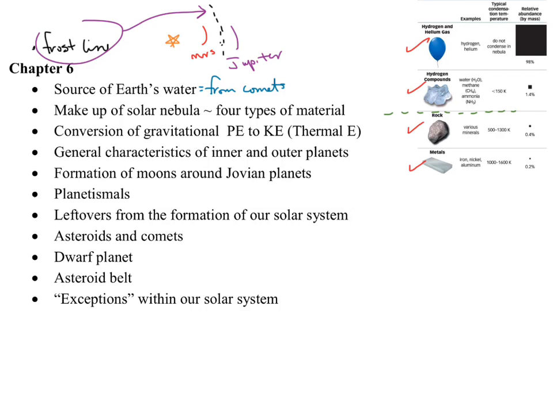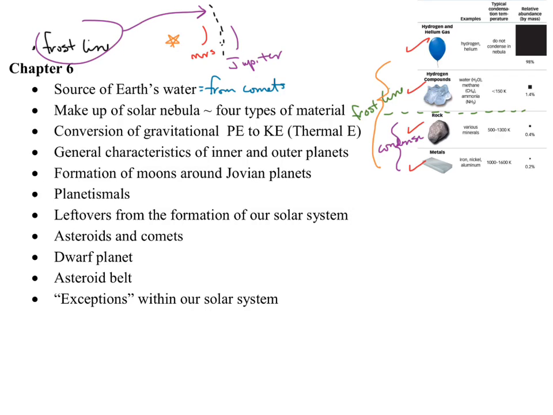And frost line kind of separates what condenses, separated things that were too close to the sun. Only the rock and metal could condense where it was that hot. The hydrogen containing compounds needed to go to the cooler region. So frost line I think is on the test.